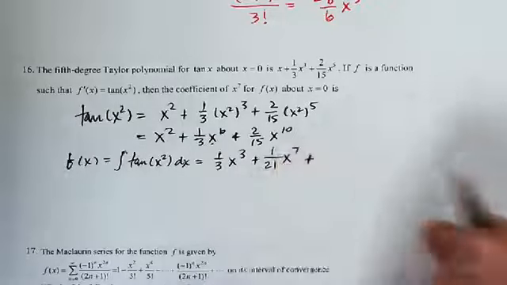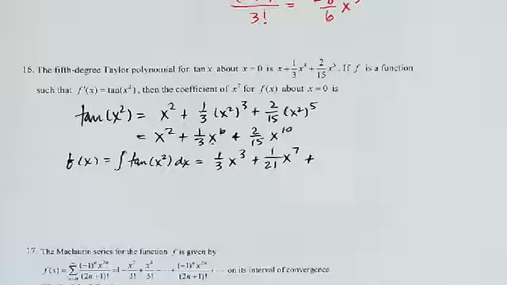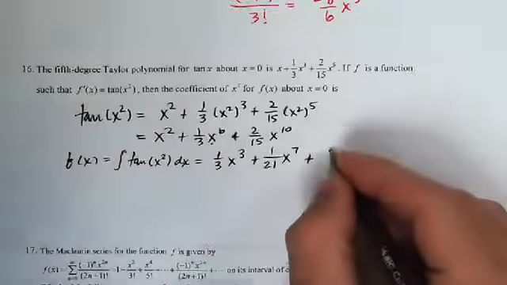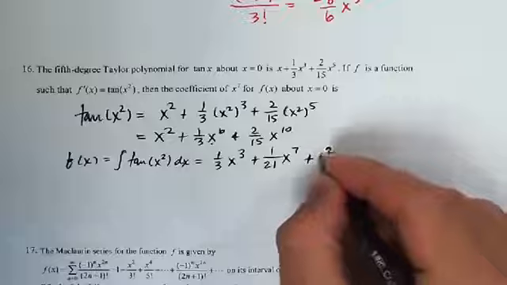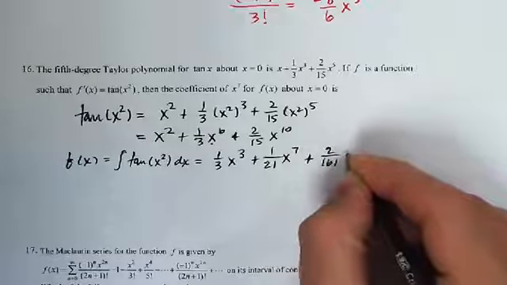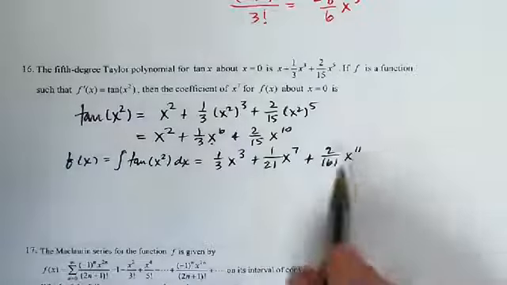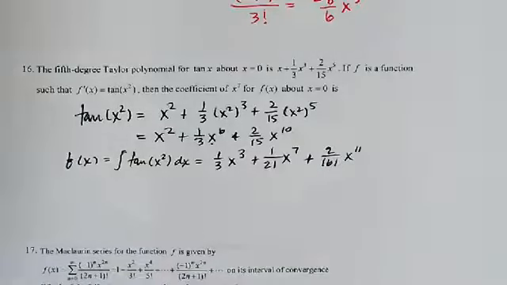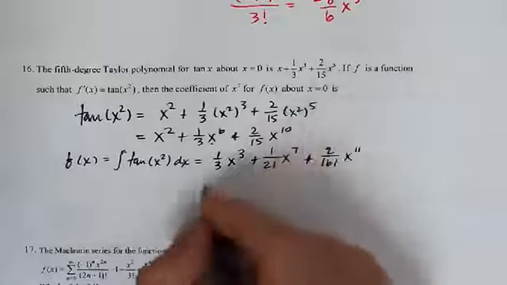And I've already done the work. It's 1 over 21. I'm happy, but I'm going to just finish it off. And I'm going to say it'll be 2 over 15 times 11 feels like 161. And that's wrong. It doesn't even matter because I'm going to say the coefficient is 1 over 21.